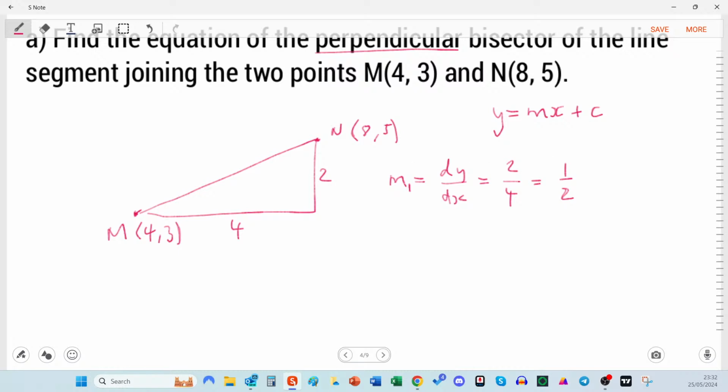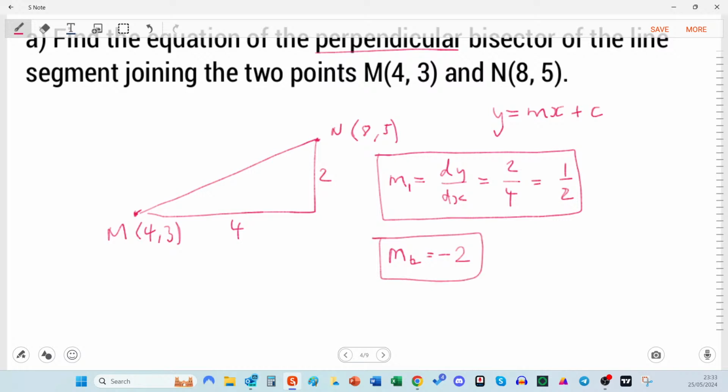That's fairly important, because we know that the gradient of the perpendicular is going to be the negative reciprocal. So 1 over 2, you flip it upside down, that's 2 over 1, which is 2, and you make it negative. So we know the gradient of our line that we want.